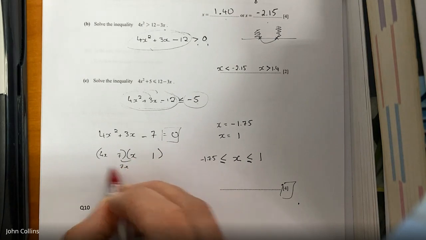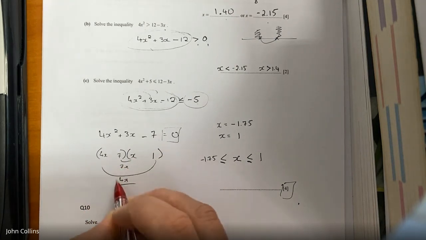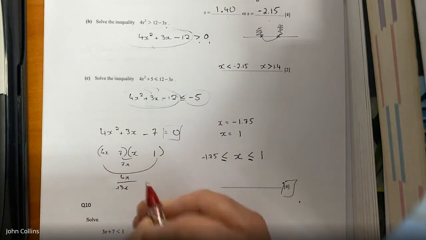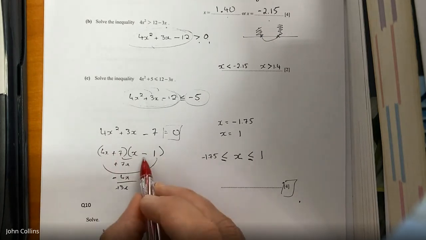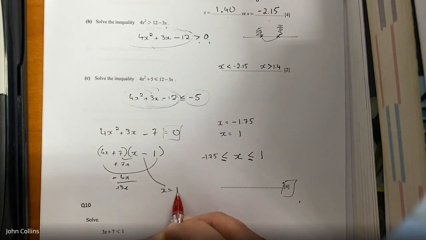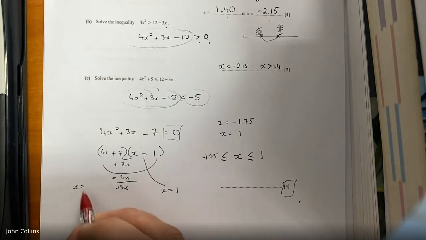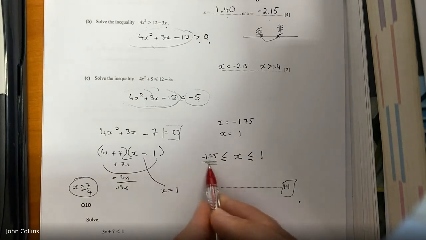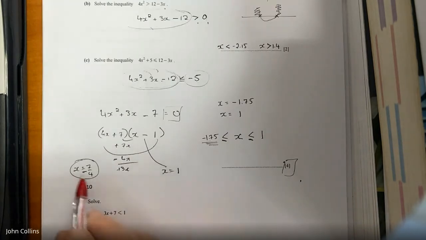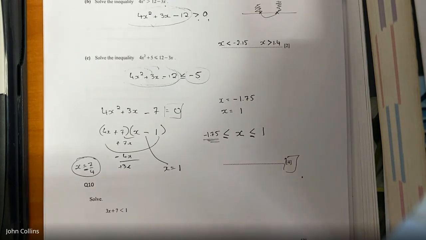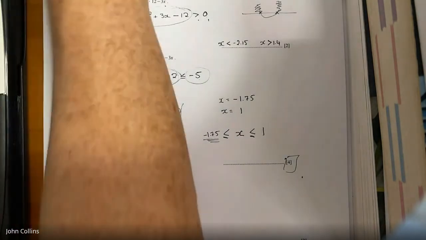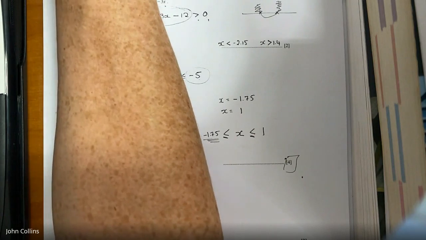These two make 7x. These two make 4x. We have to make plus 3x. Plus 7, minus 1. Solve that. x equals 1, and x equals minus 7 over 4, which is the same as this if you change it to a decimal. Once you have those 2 points, just do the same thing. Here, you're just looking for where it crosses.